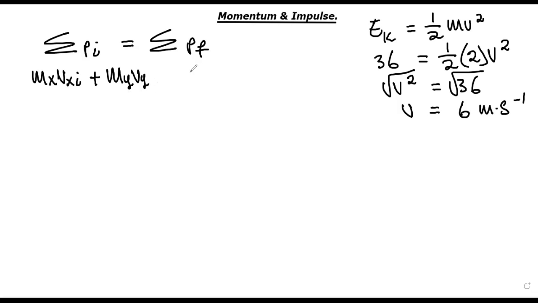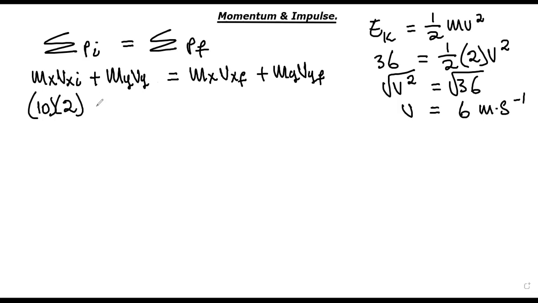Now we say this is equal to the mass of X times the final velocity of X plus the mass of Y times the final velocity of Y. Then we said the mass of ball X is 10 kg. It's moving to the east at 2 meters per second. The mass of Y is 2 kg. We are looking for the initial velocity of ball Y.